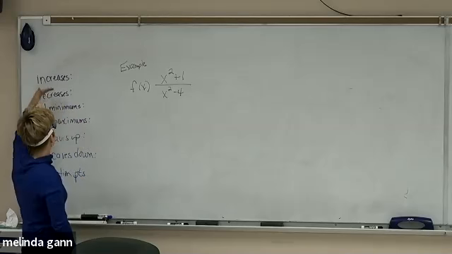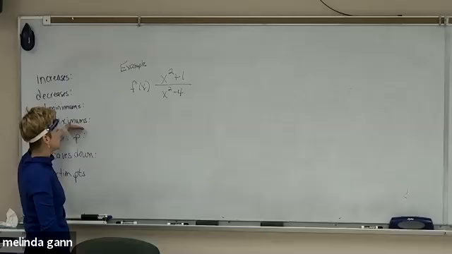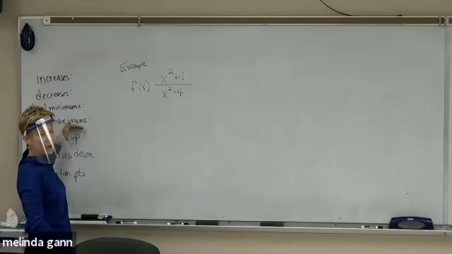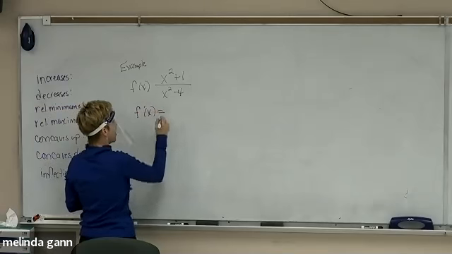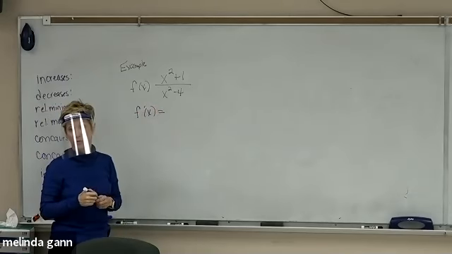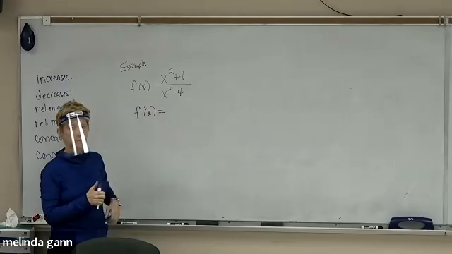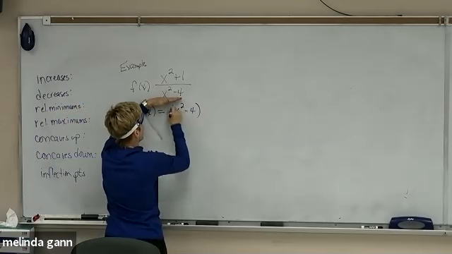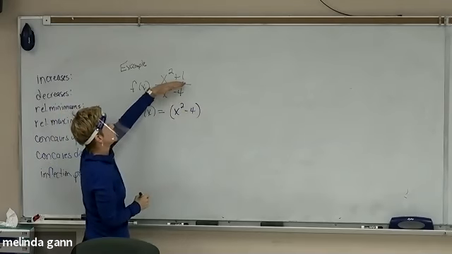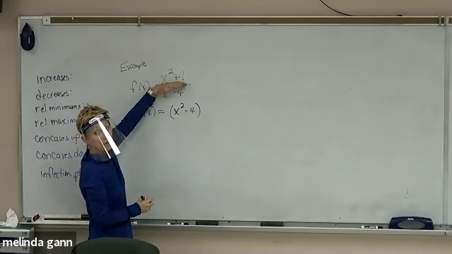Now, what's going to tell me increasing, decreasing, maxes, and mins? Which derivative? First. So you help me get this first derivative. Now, aren't I going to have to use the quotient rule? So where do I start, top or bottom? Bottom. So I copy down the bottom, x squared minus 4. All right, what's the derivative of that numerator up there? 2x.